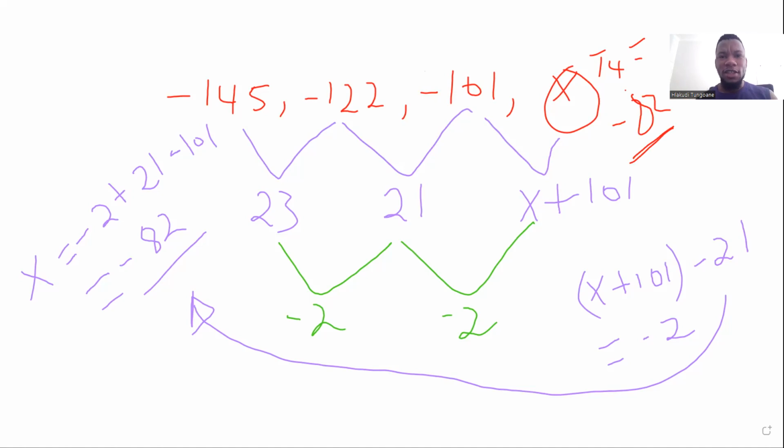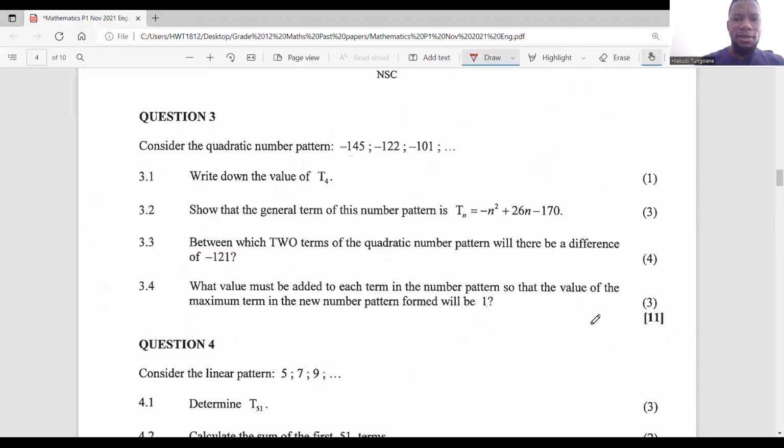Okay, so that answers the first question they ask us. So we know that T4 equals -82.